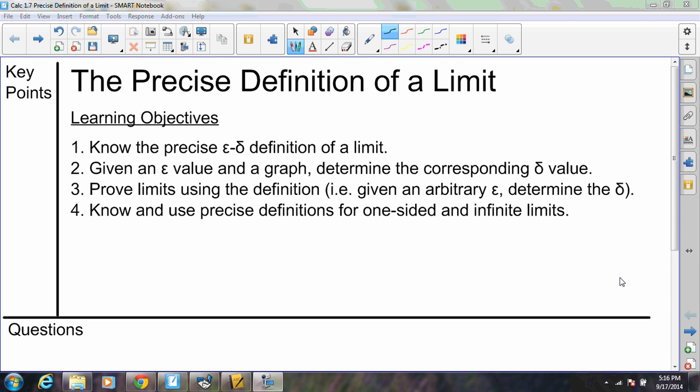Specifically, if we're given an arbitrary epsilon value, we will have to figure out the corresponding delta value that goes with it. And fourth, do the same three things. Know and use the precise definitions for a one-sided limit and for infinite limits that balloon upward or downward to infinity.